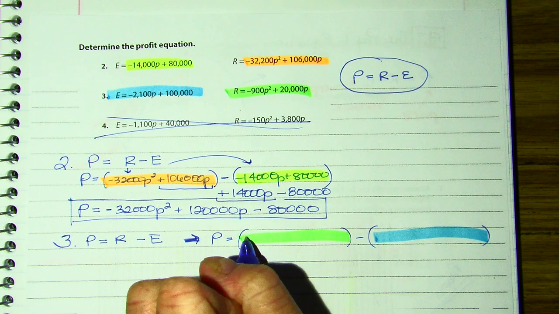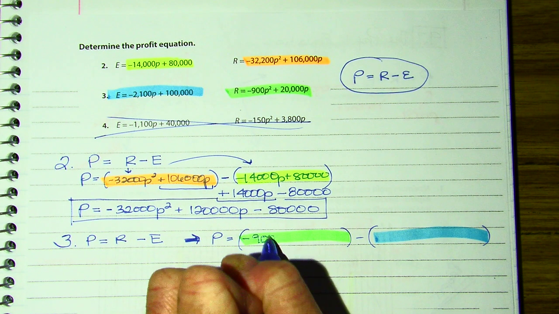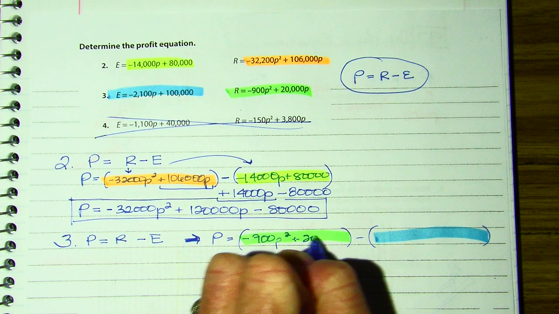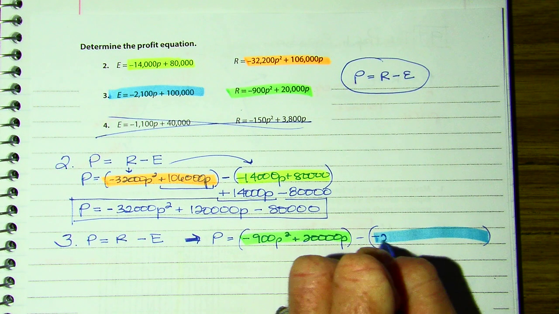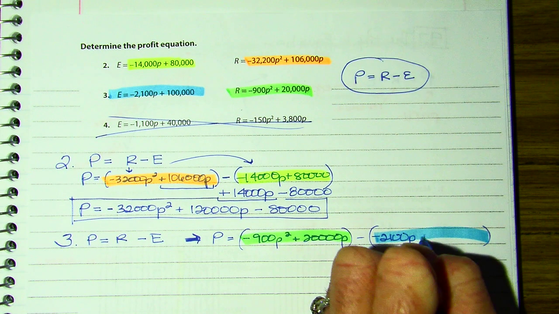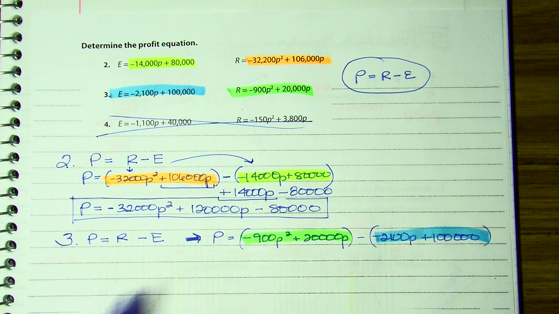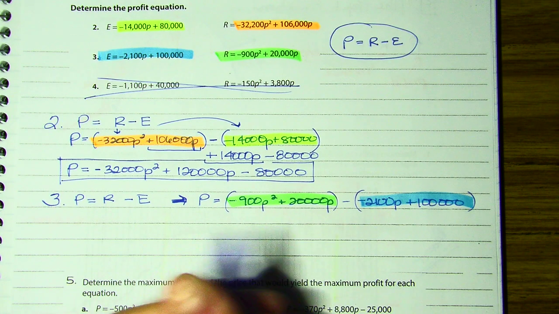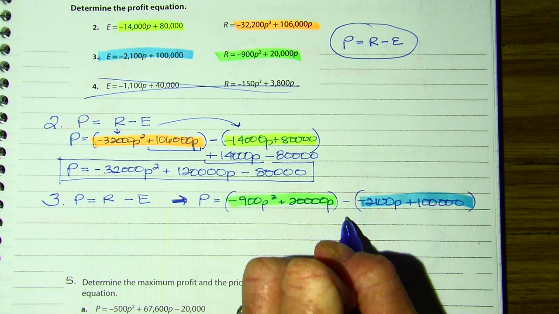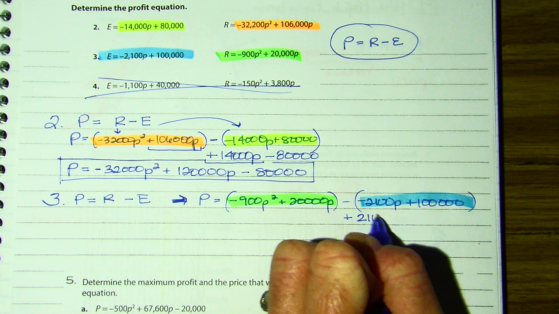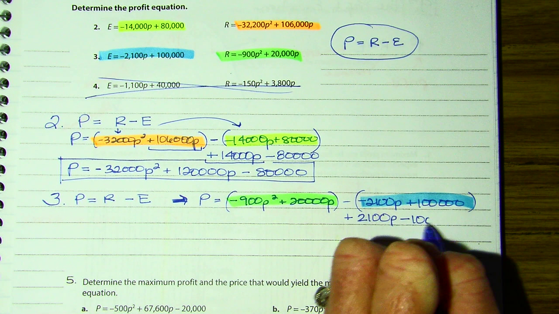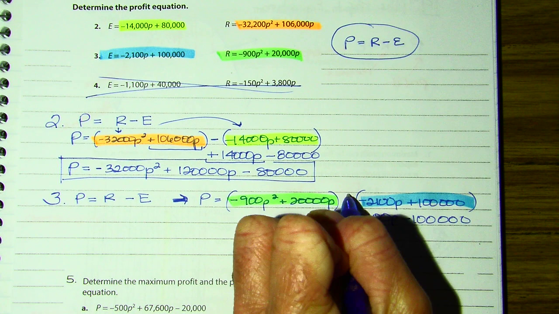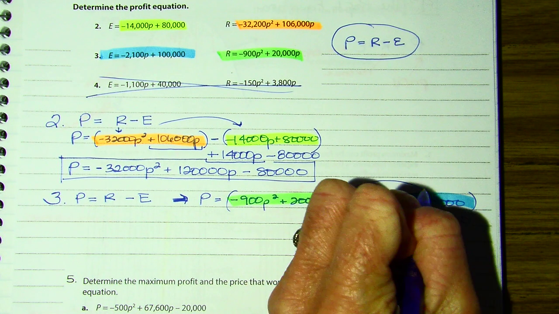So profit is revenue, so negative 900 P squared plus 20,000 P, minus my expenses, so negative 2,100 P plus 100,000. I'm going to distribute, right, this minus makes this negative a positive 2,100 P, and it makes this 100,000 a negative 100,000, right, because I have to distribute that negative to both.